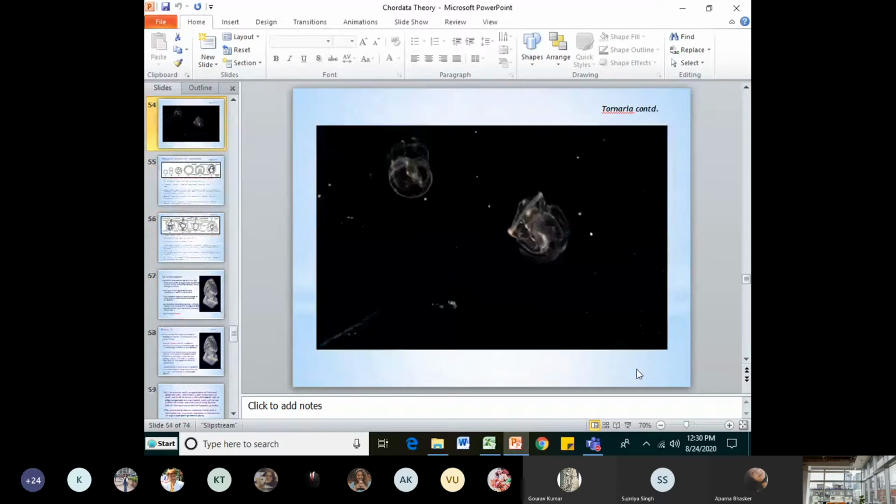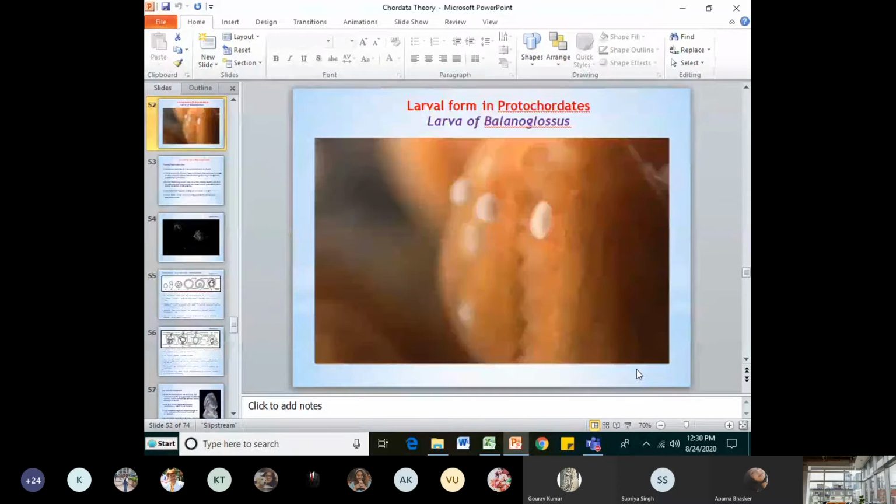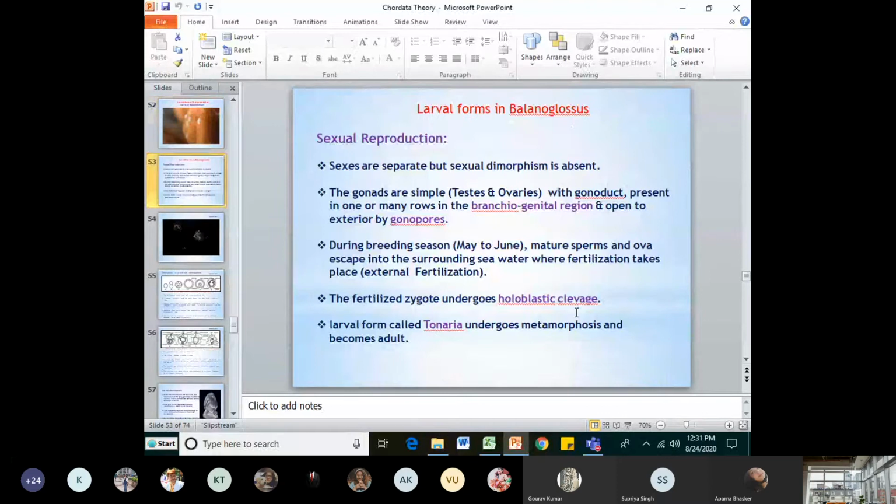larval forms of Balanoglossus. We had started from how the gametes are liberated or expelled into the water where external fertilization takes place. Then what are the morphological features of the sexes of Balanoglossus?